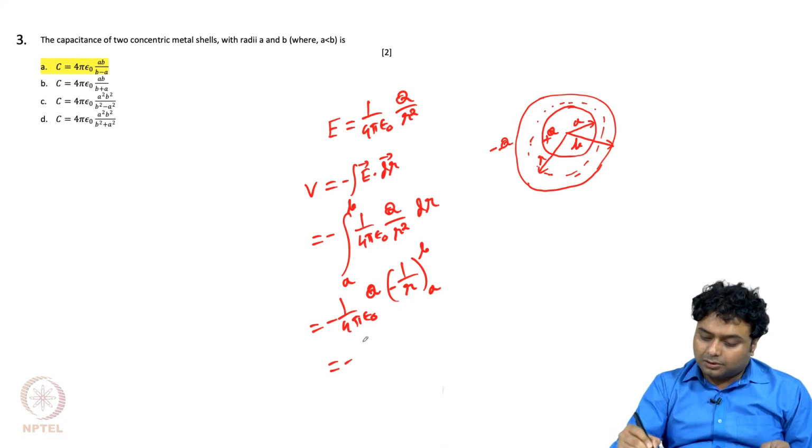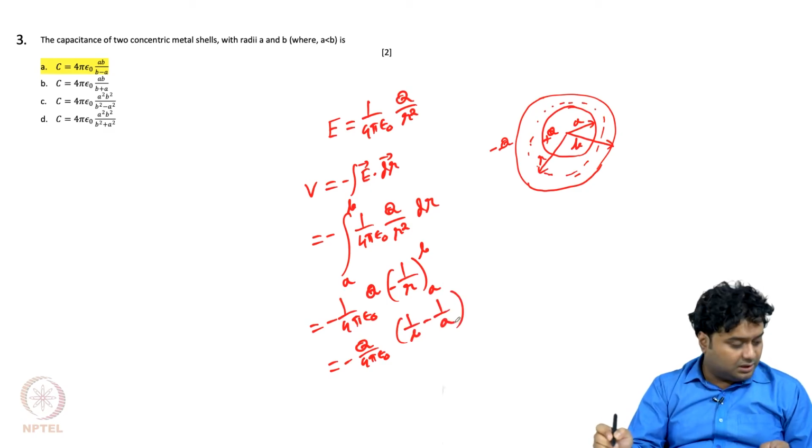So minus of q by 4 pi epsilon naught into 1 by b minus 1 by a, right, simple integration.